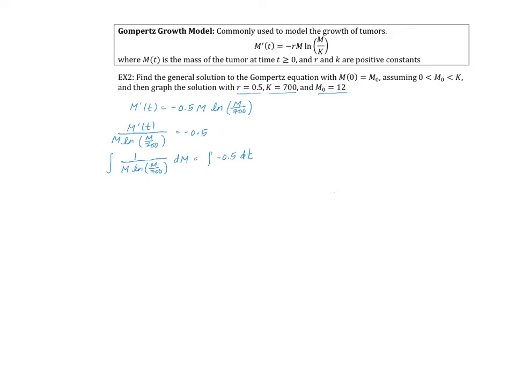I'm going to skip some of the algebra steps just because of the space.